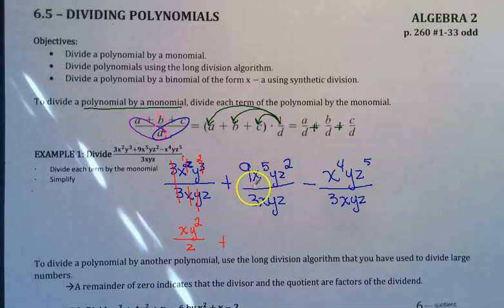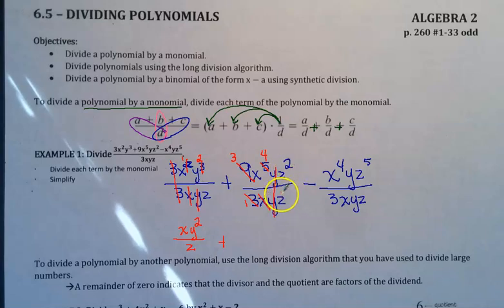Then here we have 9 divided by 3. These both have a 3 in common. 9 divided by 3 is 3, and 3 divided by 3 is just 1. I have x to the fifth divided by x, so one of my x's cancels out. Y and y both cancel.